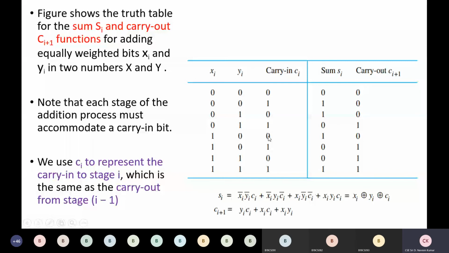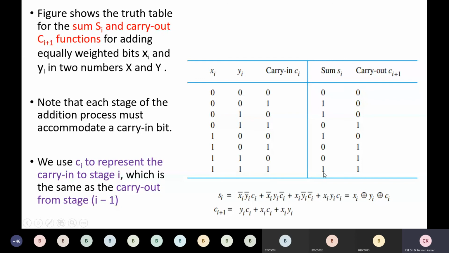Similarly, when we add 1 0 0, the sum is 1 but no carry, so 0. Similarly, when we add 1 plus 0 plus 1, it's 1 0. So we place the sum 0 here and the carry is 1. Similarly, when we add 1 1 0, it's a 0 here and 1 here. And when we add three 1s, the sum of 1 plus 1 plus 1 is 1 1.